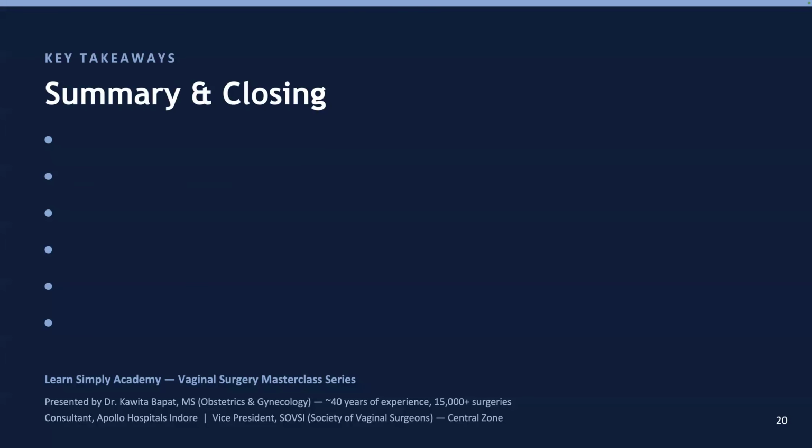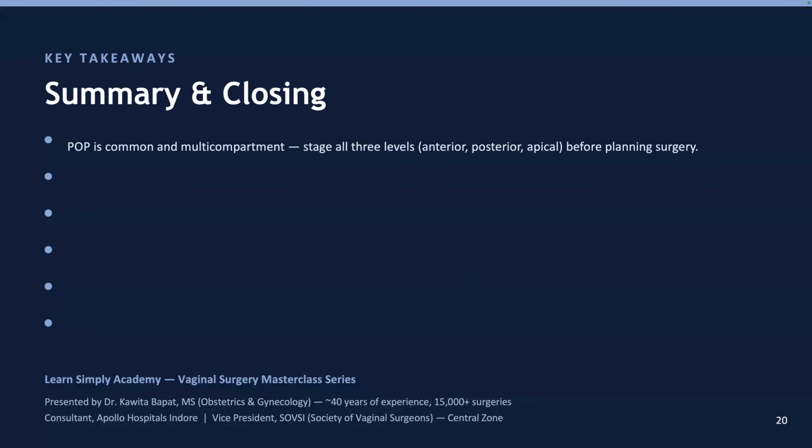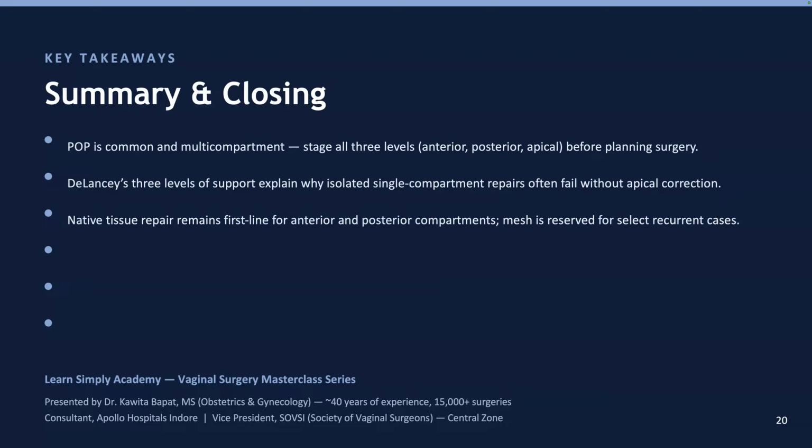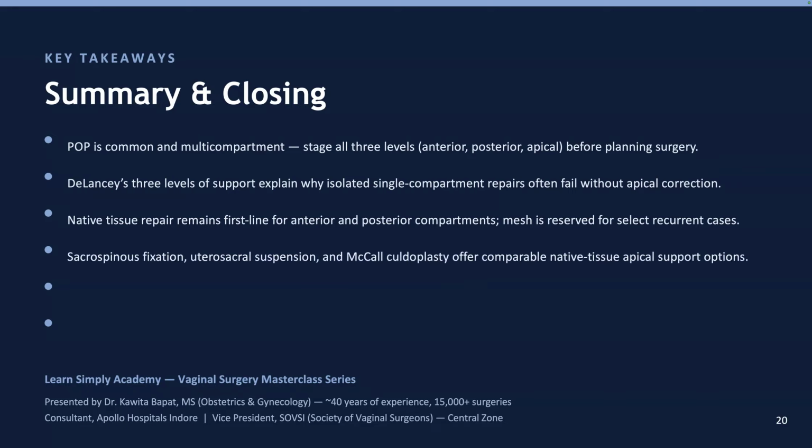So, summary and closing: POP is common and multi-compartment. Stage all 3 levels, anterior, posterior, and apical, before planning the surgery. DeLancey's 3 levels of support explain why isolated compartment repair often fails without apical correction. Native tissue remains the first line for anterior and posterior compartments.